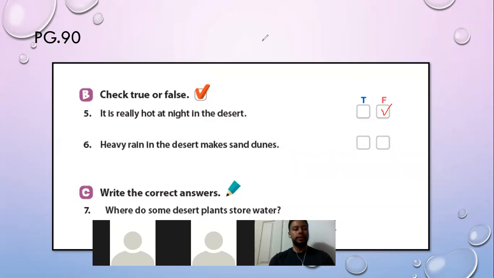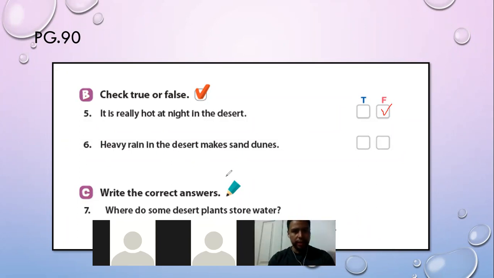All right, Diego Abraham, help me, please. Read number 6. Go ahead, please. Turn on your microphone. Heavy rain in the desert makes sand dunes. Sand dunes, okay, it's like those mountains of sand. They are formed.